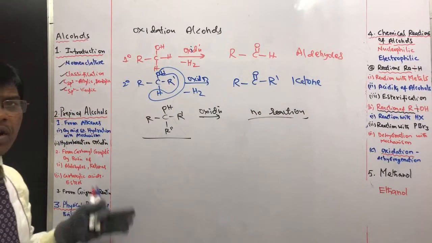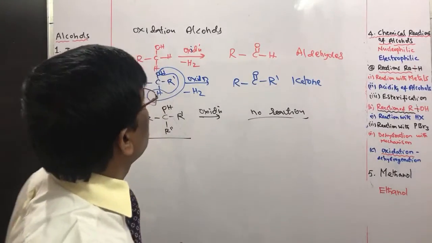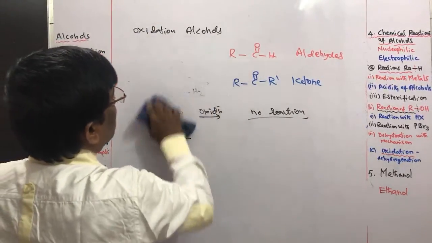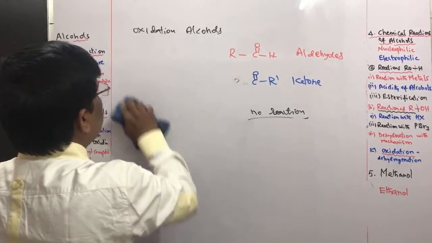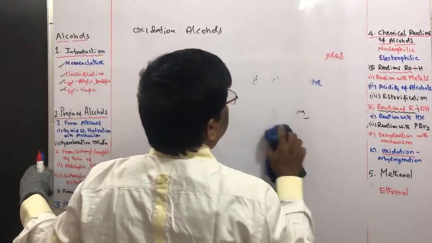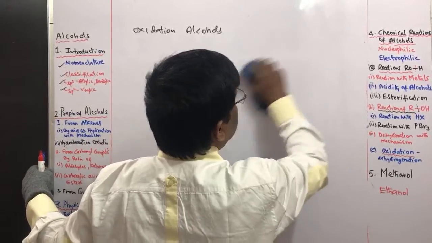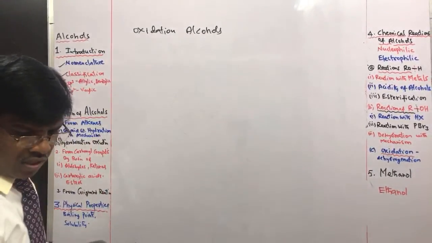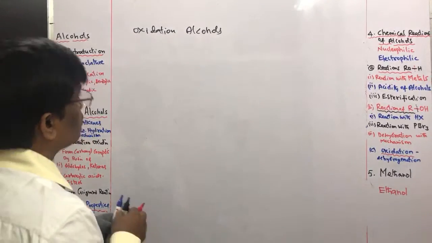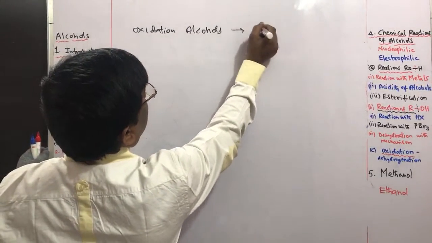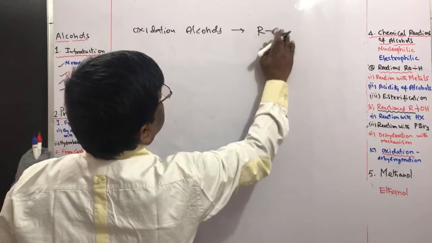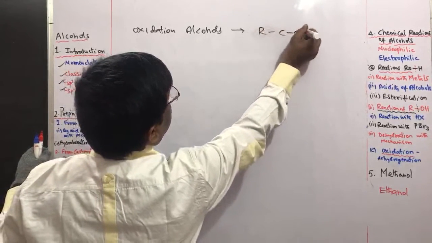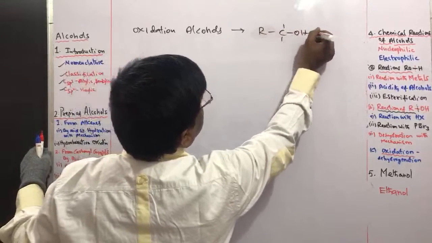So what are the common reagents available for the oxidation of alcohols? Oxidation of alcohols can be done by metal oxides.